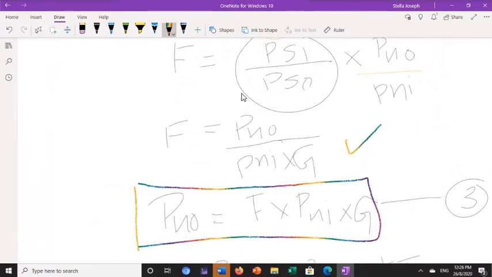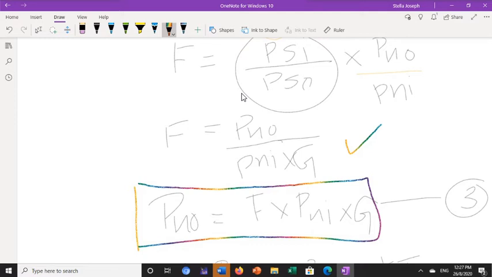Take this equation: F is equal to PNO divided by PNI into G. I'm going to use this equation to find out my input power. So from this equation, I am getting this.